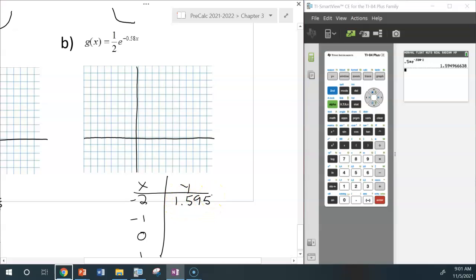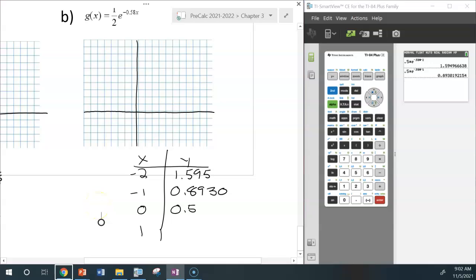Now let's put a -1 in there. And I get 0.893, 0.8930. I'm going to put a 0 in, and that means I'm going to get a 1 out of my exponent and times the 1/2, so I get a 0.5. Now we're going to put a 1 in there.